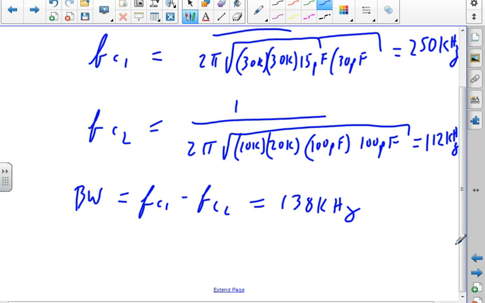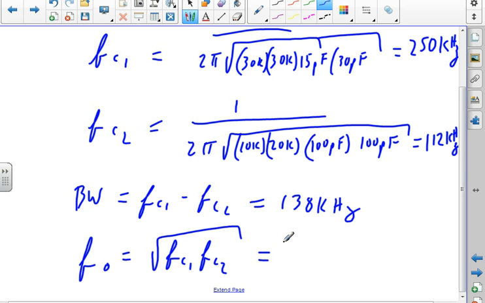Then I want to find the geometric center of the frequency. Who made this up anyway? Okay, so that's going to be the square root of FC1 times FC2.